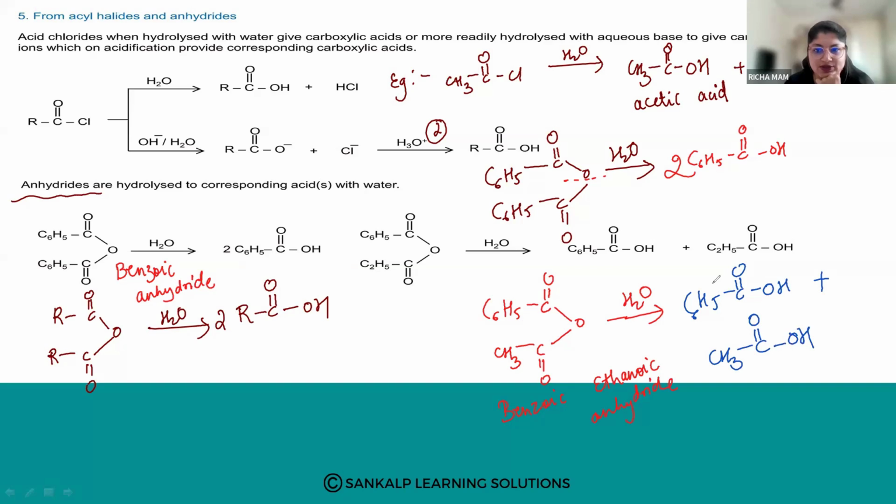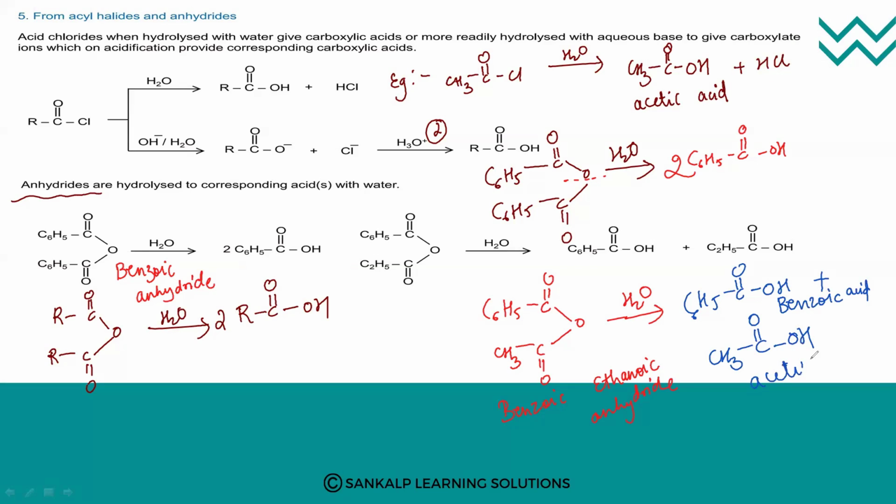One is benzoic acid, and another is acetic acid. Very good. Like this, you have to give the products. From acyl halides and from acid anhydrides, you are going to get these products.